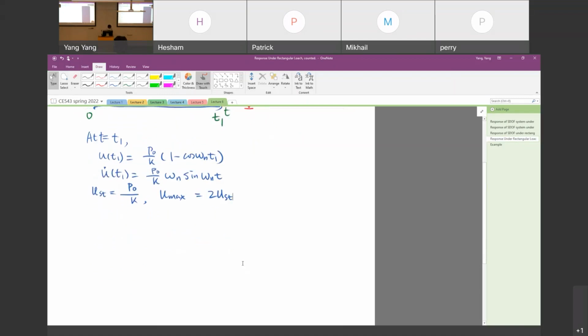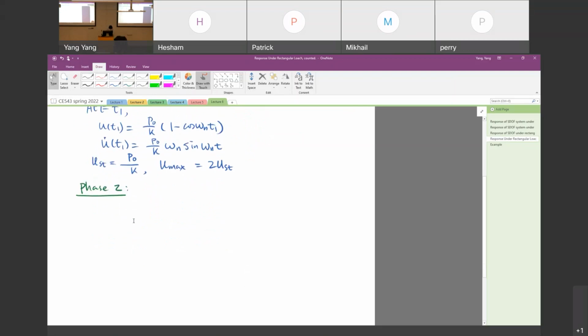So now let's take a look at phase 2. The equation of motion is different for phase 2.